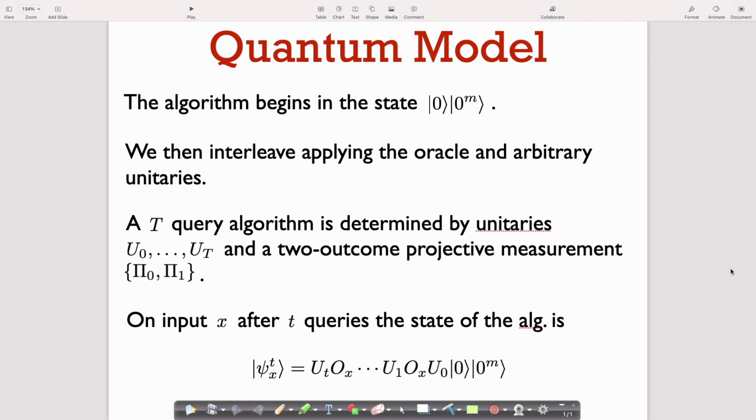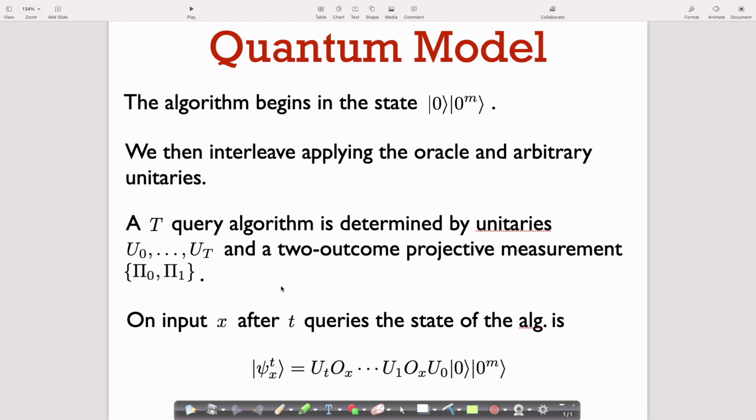It doesn't have to have a small circuit or something. A T-query algorithm is determined by these unitaries that you apply, U0 through UT. And at the end of the algorithm, you do a two-outcome projective measurement, let's say with projectors Pi0 and Pi1.